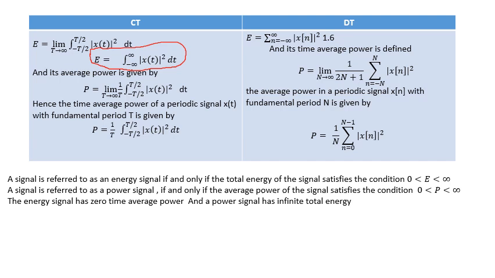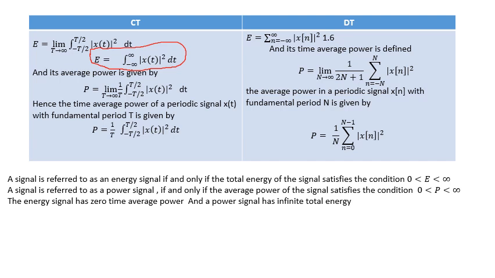Similarly, to find the power of a signal, we scale the same by 1 by T. We find the power by taking the limit as capital T tends to infinity of 1 by T, and integrating the square of the signal over one period, that is from minus T by 2 up to T by 2, right?